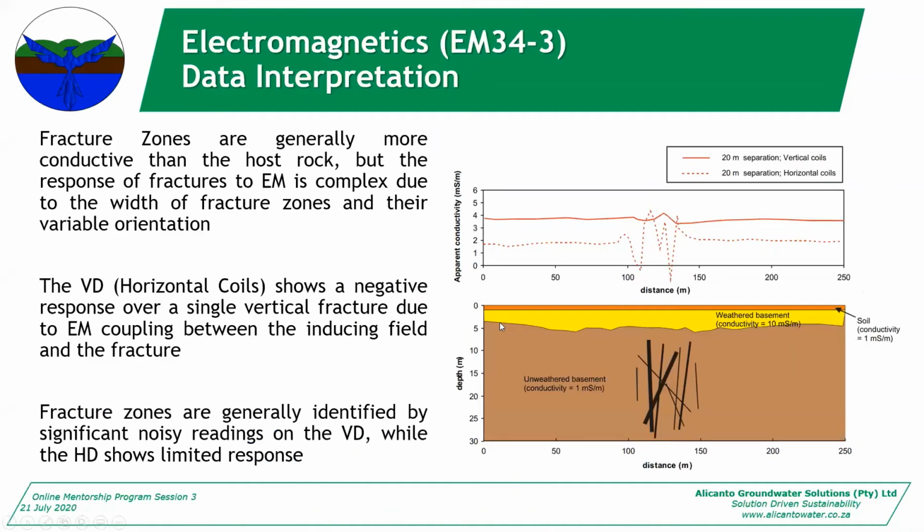There we go. So you see, this is what you were saying: you get this nice horizontal dipole going over here, and then your vertical dipole just does whatever it wants. And you can see there, that's sort of what a fracture zone in the real world looks like.